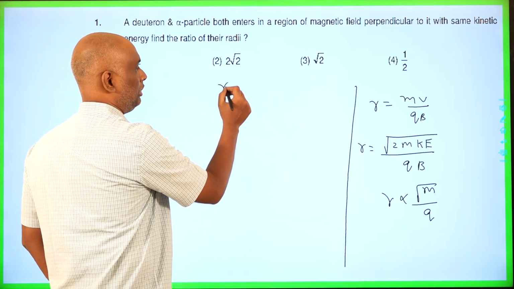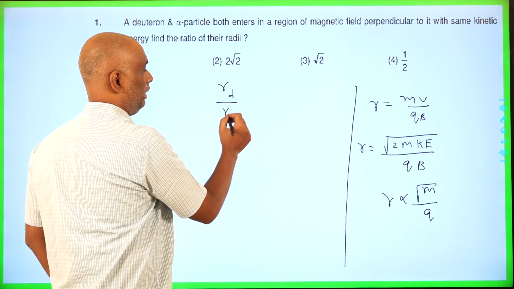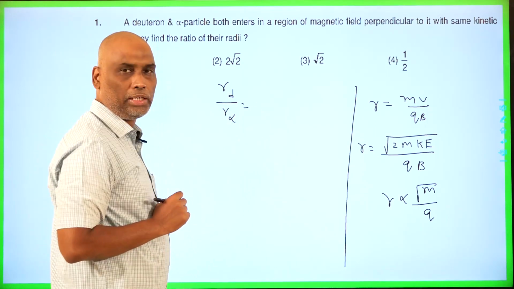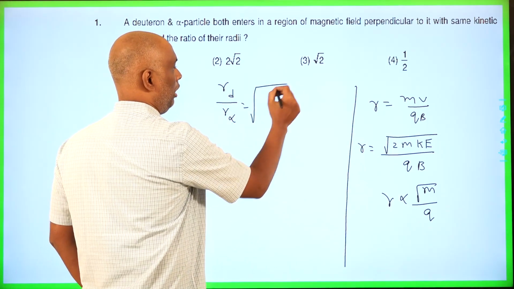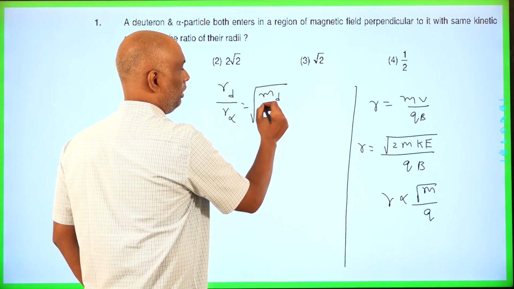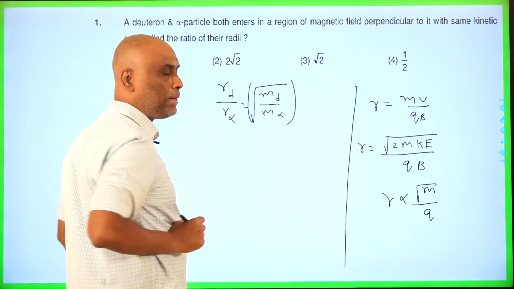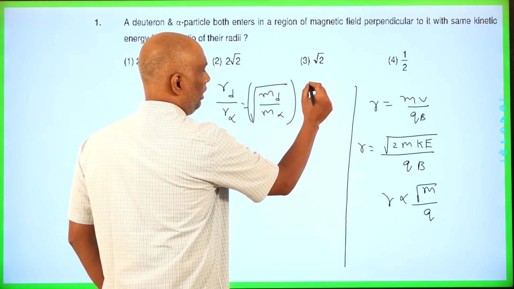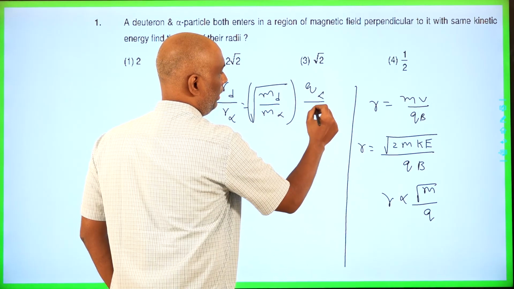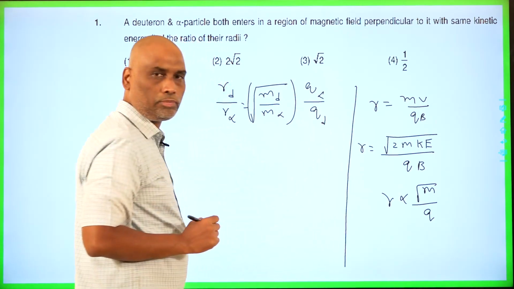So, radius of the deuteron divided by radius of the alpha particle will be given by under root of mass of deuteron divided by mass of alpha particle, multiplied by charge of alpha particle divided by charge of deuteron.